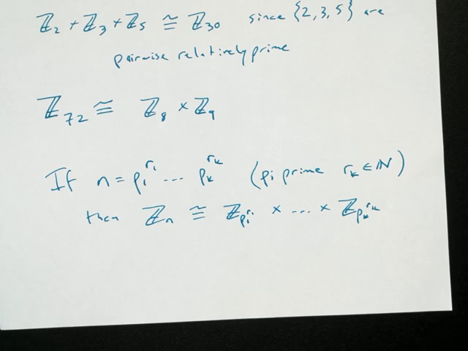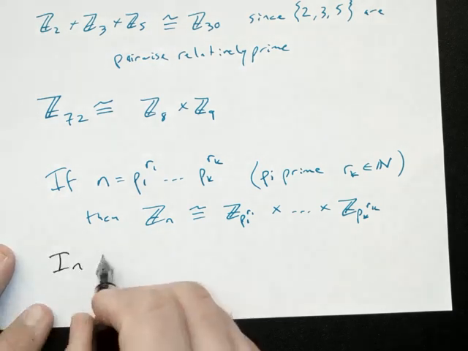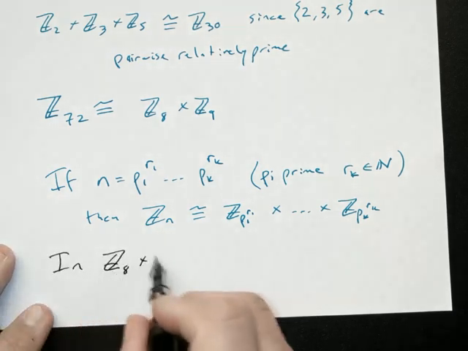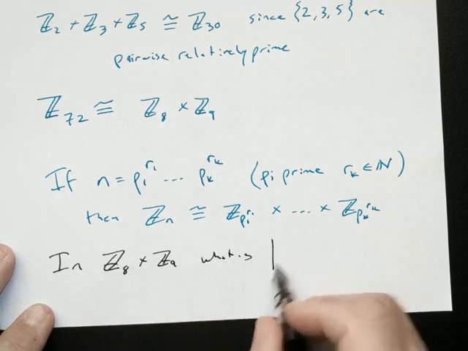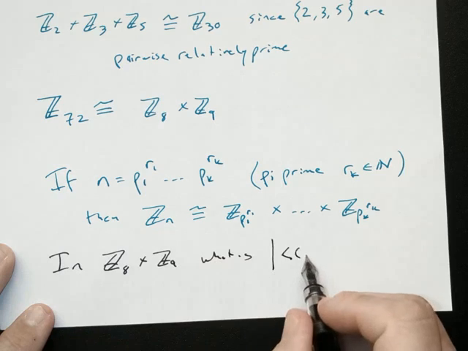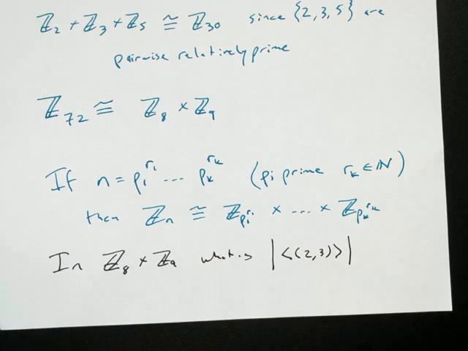If I'm in Z8 by Z9, my elements are ordered pairs. How do I find the order of an element?